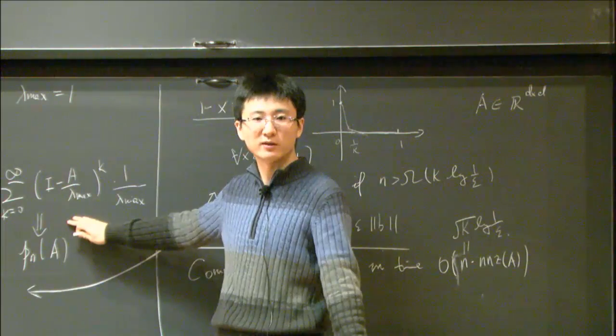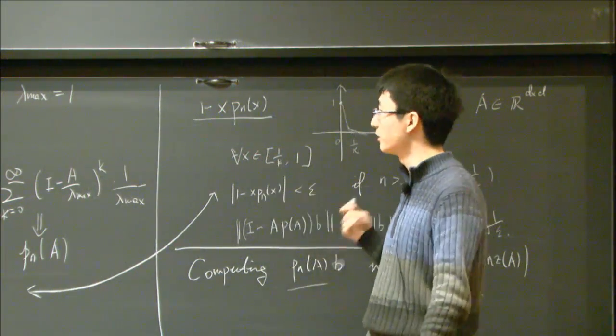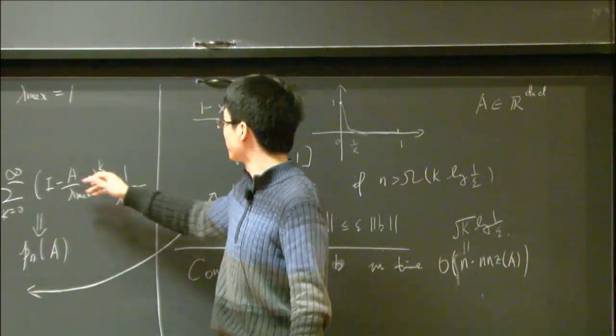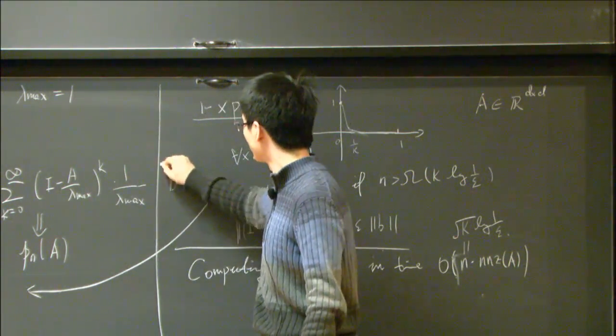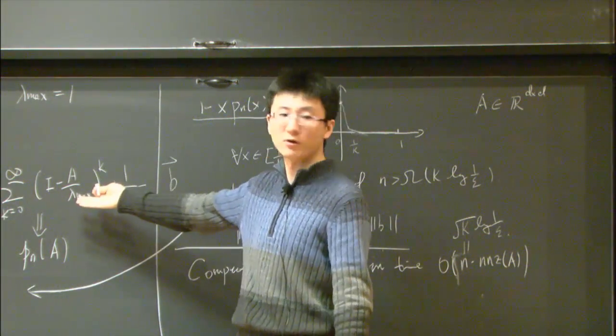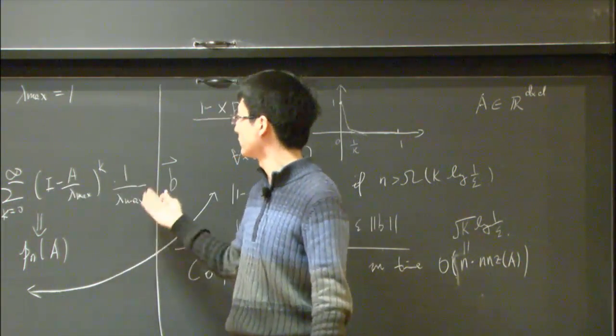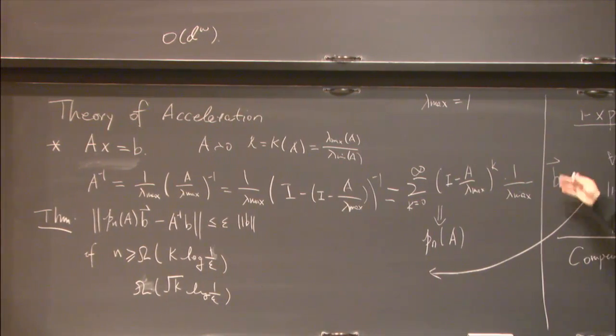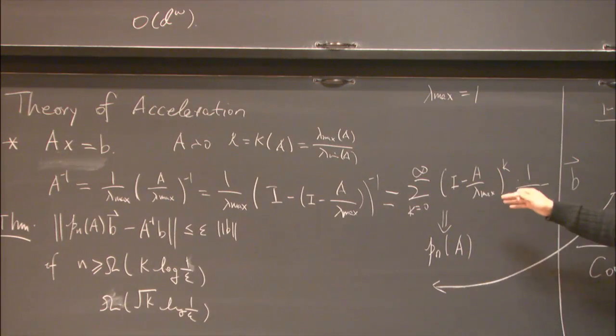We can do that in time the degree times nnz, because you first compute b for the 0 order term, and then you multiply this matrix on the left, taking nnz time, then times b, then add it up, then you further multiply it with this.